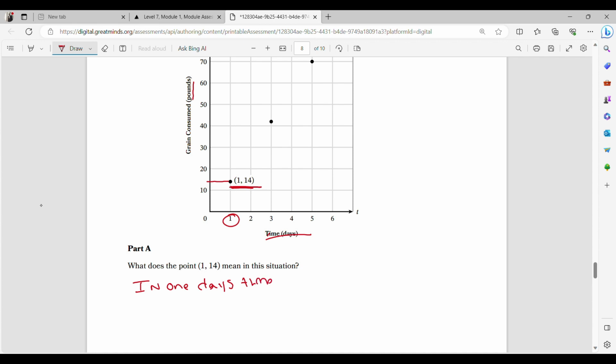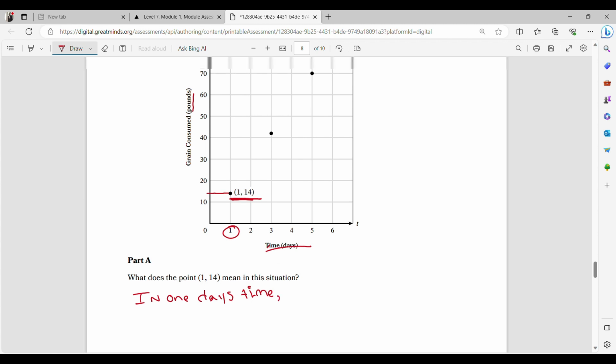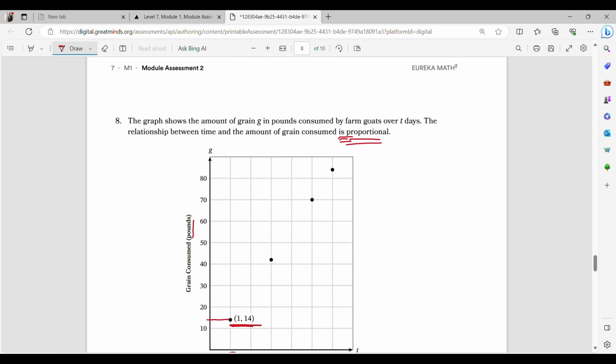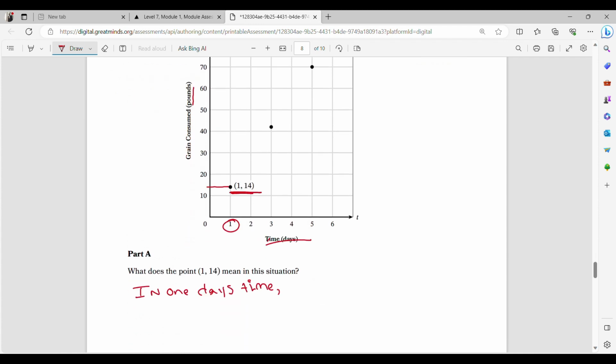Is it one goat or the goats? The farm goats, plural. The goats eat 14 pounds of grain.